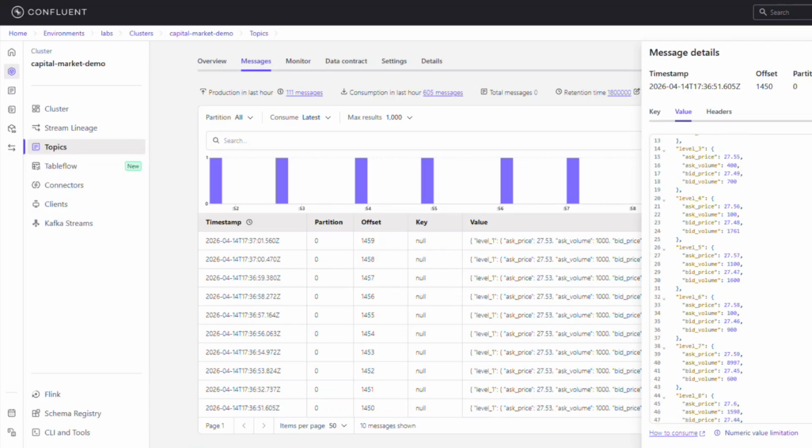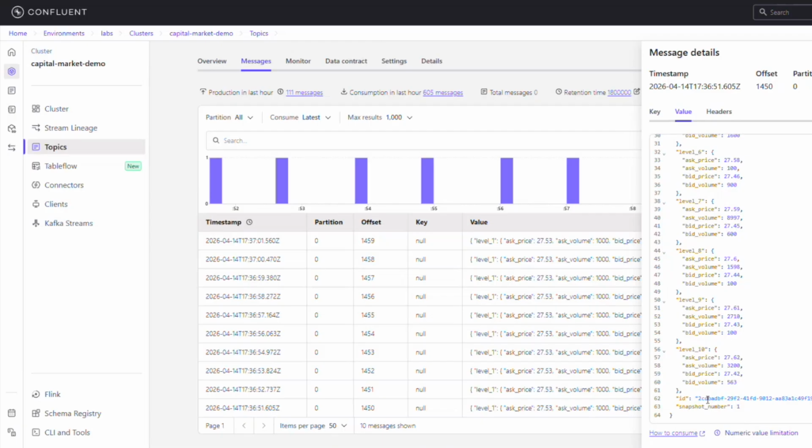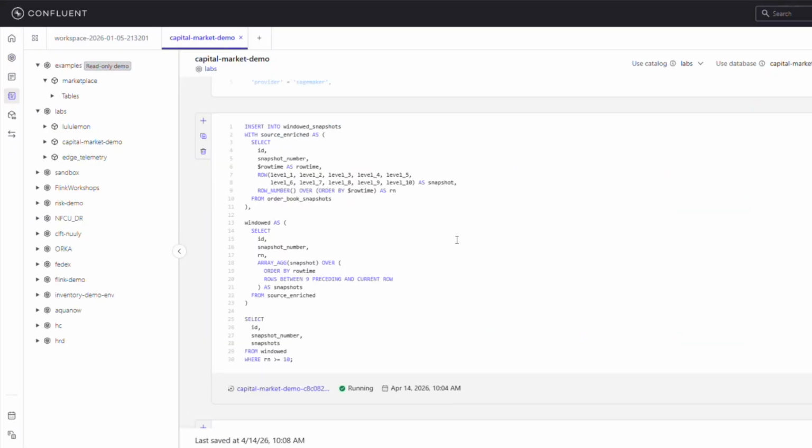Each message represents a snapshot of the order book at a given moment in time, capturing the bid and ask activity across price levels. For LightGBM to detect layering, we need a window of order book snapshots over time.